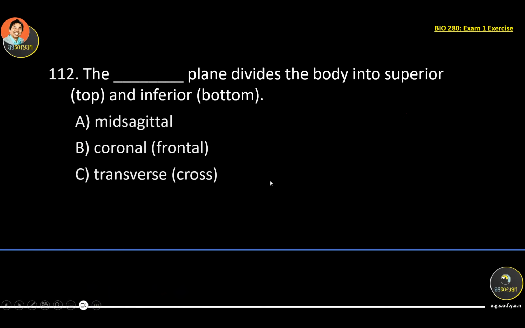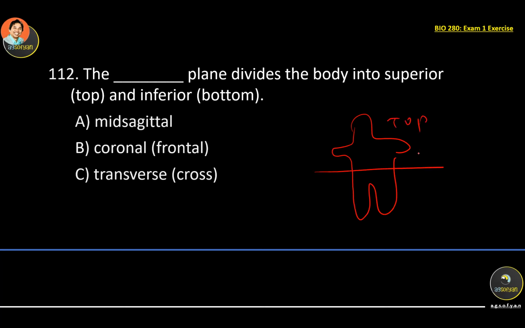The blank plane divides the body into superior, top, and inferior. If we cut like this, top and bottom, this plane is called cross or transverse, the transversal plane or cross plane.